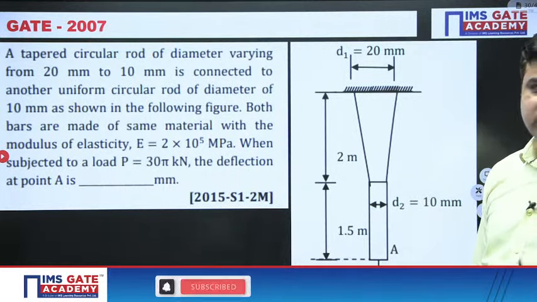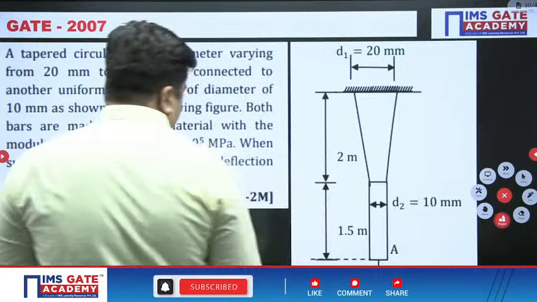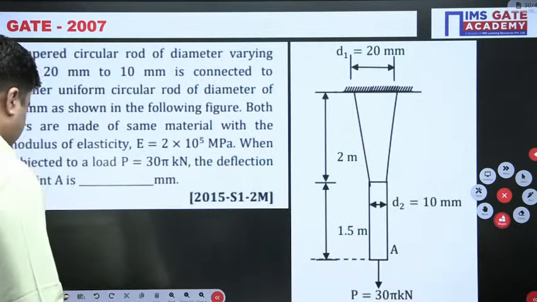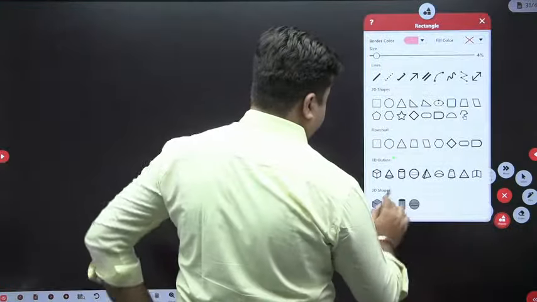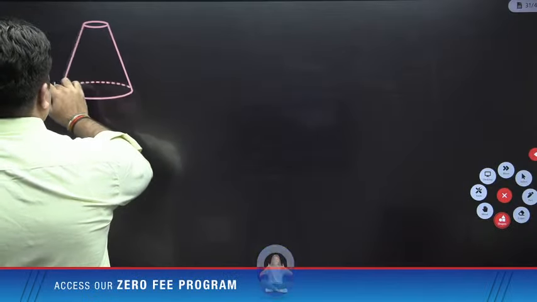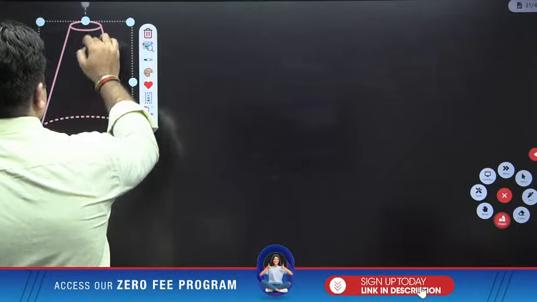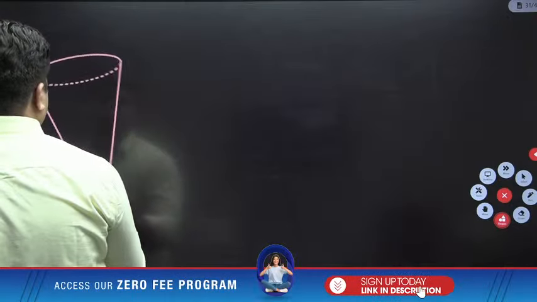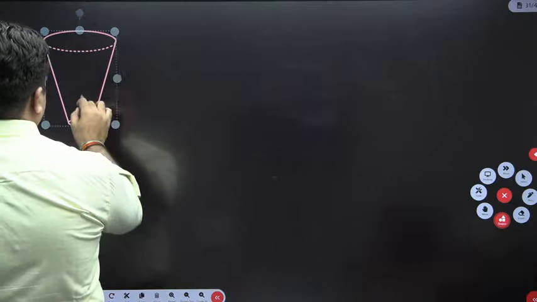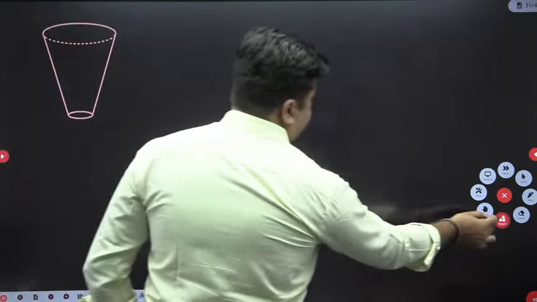It is very simple. Both the bars will be subjected to a same load of 30 pi kilonewton. Let's see this. So this is your tapered circular bar. And then you have a cylindrical bar at the bottom.